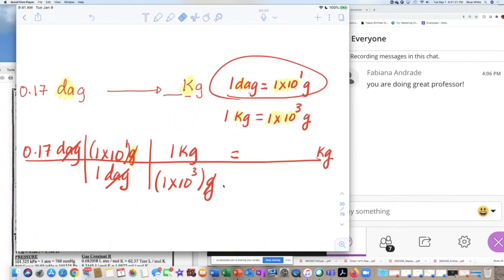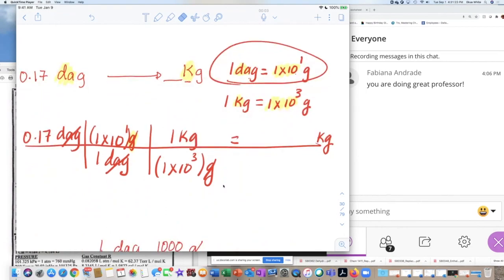We're going to work this out from scratch for ourselves with this new font right here. Okay? So you're going to take 0.17 times 1 times 10 power 1, and then divided by, I'm ignoring the ones, 1 times 10 power 3. I want to write it as is because I want to have zero error.